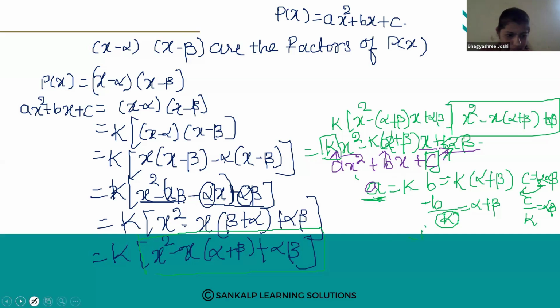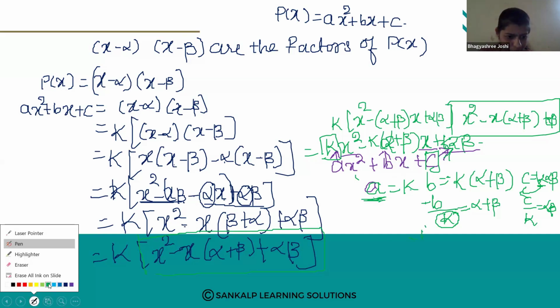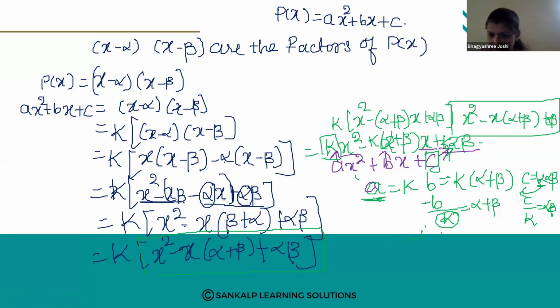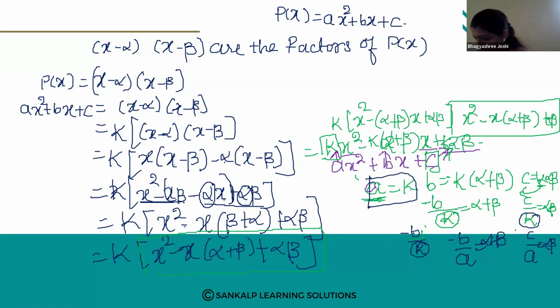Minus b, wait, I will change the color. Minus b divided by k. k means a. How do I write it? Minus b divided by a is equal to alpha plus beta, and c divided by k means what? Again it is a. k means a, see here, k is equal to a. So I write k as a. That is equal to alpha into beta.